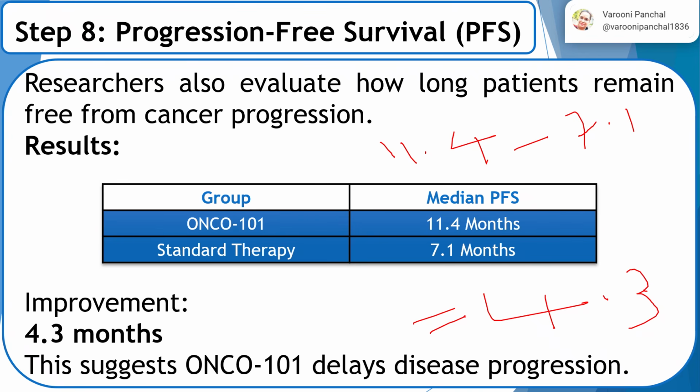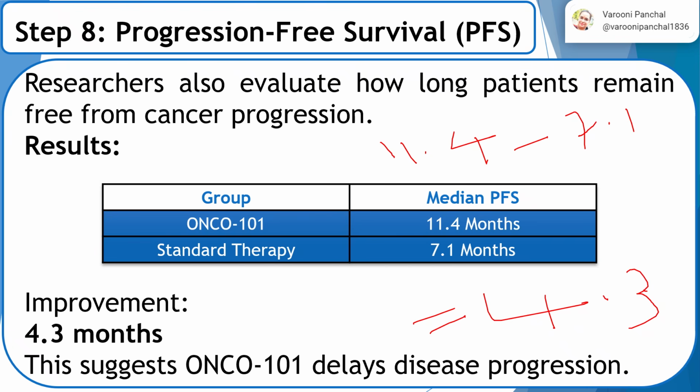Now say for example, if the Onco 101 is 6.1, right, that means Onco 101 is not a better treatment. By consuming this treatment, the disease has progressed, it is not better, right? So you need to play with numbers and make it understandable in common layman's language, for any person who would like to understand how this 4.3 months came, and why it is an improvement, because it is a plus sign.